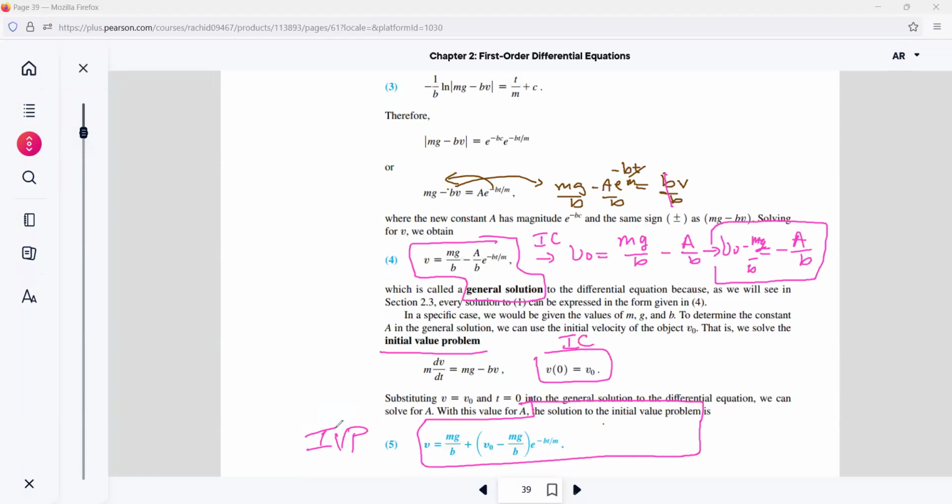Then using that gives you a solution to the initial value problem, which represents the velocity profile, including the initial velocity, the positive value for the air resistance. It accounts for the gravity and the mass and all that. So let's look at more details.